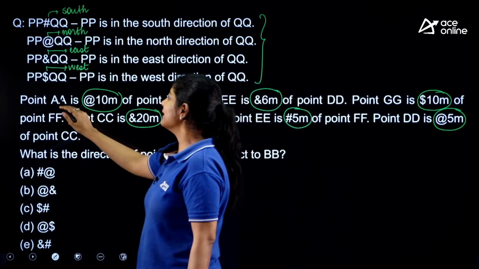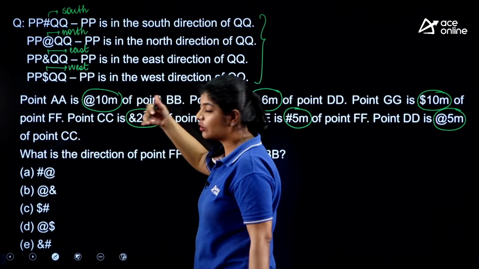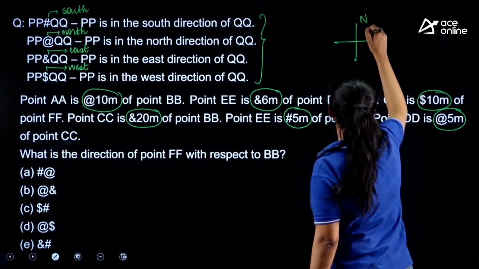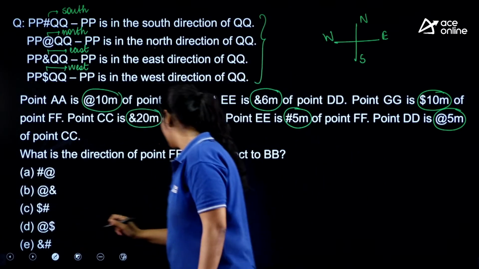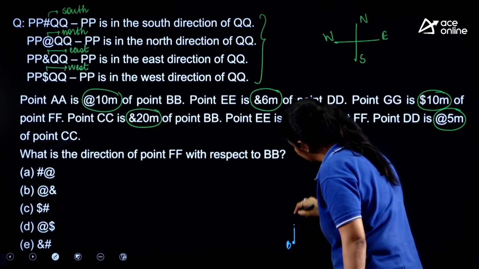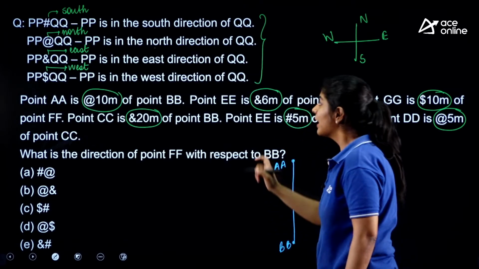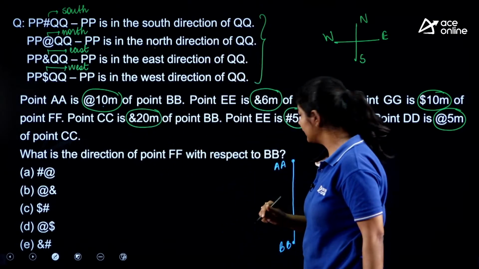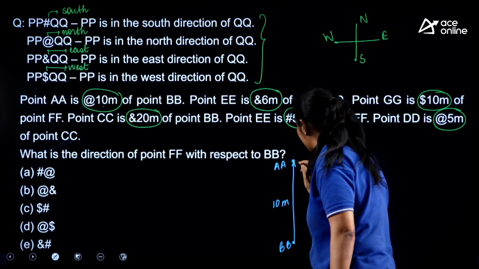First one, point A is @ 10 meters, that means 10 meters north of point B. So if this is my direction plane, and this is north, this is south, this is east and this is west, then let's suppose I am having point B over here, then this is my point A. This shows that point A is in the north of point B, right? So this is 10 meters.